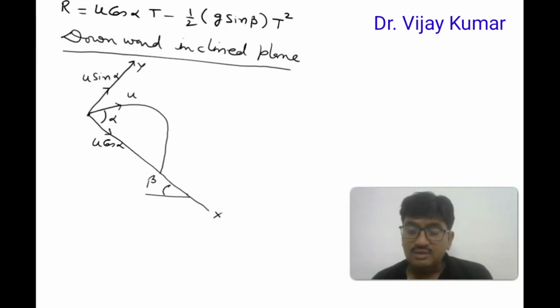And if we discuss g, then g should be like this, and the component g sin beta should be in this direction, and g cos beta should be in this direction. This angle should be beta.